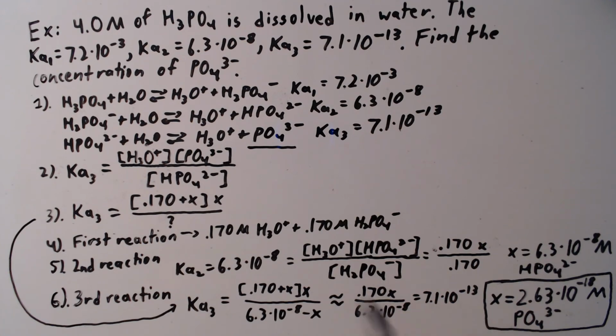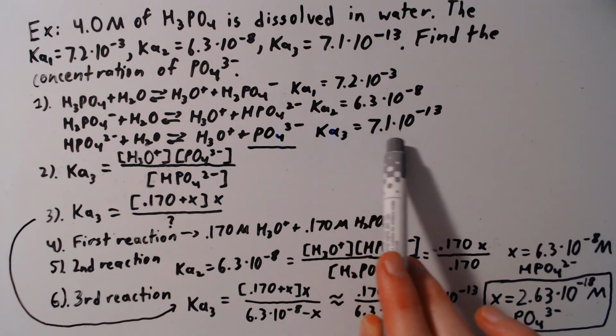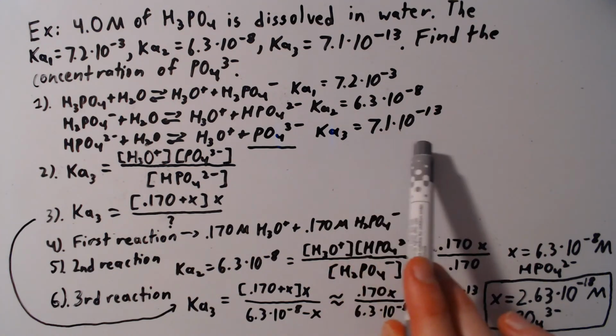However, again, like for the other reactions, we don't need this plus x because the 0.170 molar H3O plus concentration remains essentially constant for all three reactions. So we just multiply 0.170 by x and we take out this plus x. And on the bottom, we do not need this minus x because the initial concentration of HPO4, which is 6.3 times 10 to the negative 8th, is more than 100 times greater than the Ka3 for this third reaction.